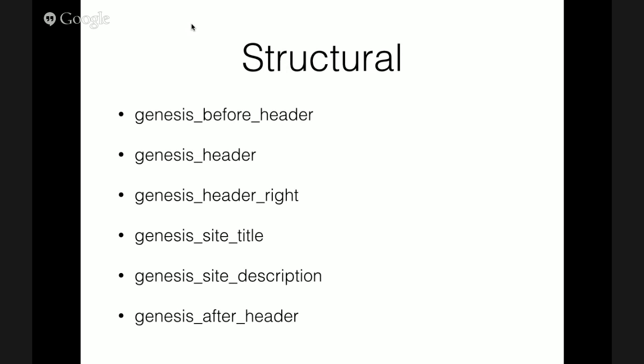Genesis site title, which the actual site title is hooked to, the description, where the description is hooked to, and Genesis after header. And you can actually hook into any of these and add your own functions. You can also go in and remove a function that may already be hooked to it by using remove action.